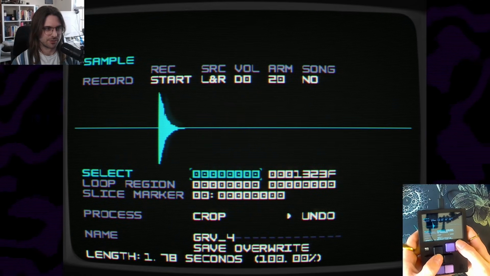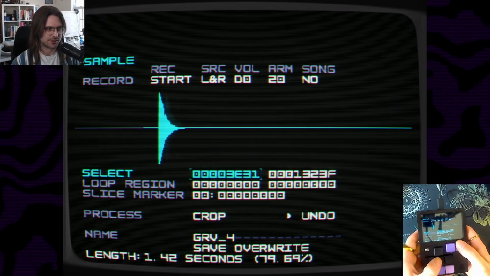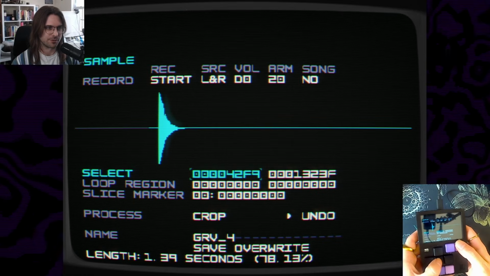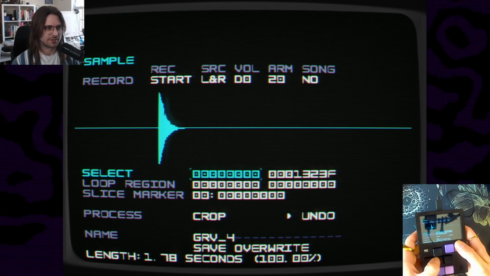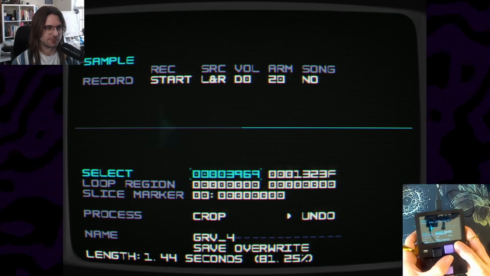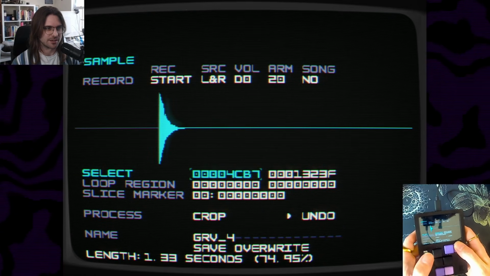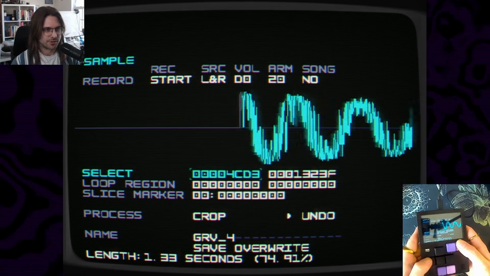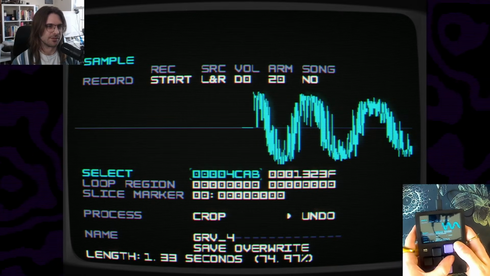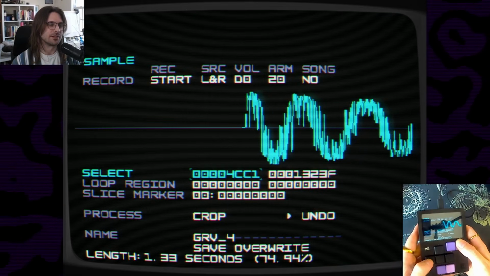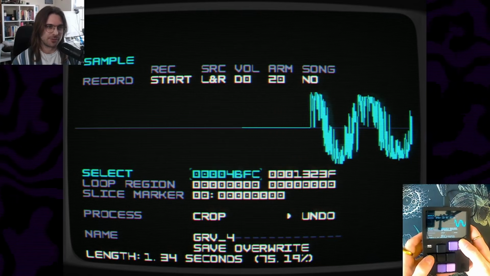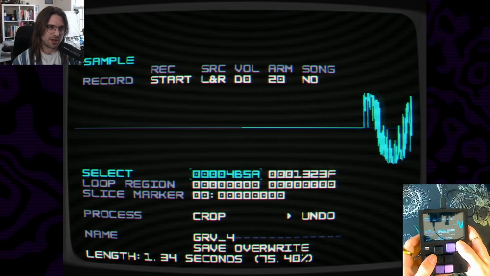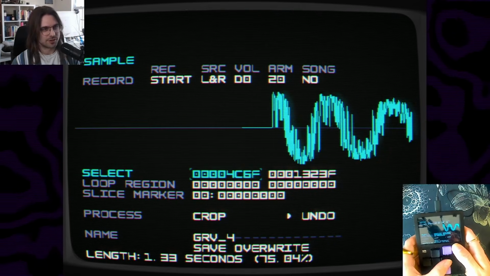So effectively what I'm doing is moving the start point closer or later from the beginning of the sound itself. So closer or further away to the transient. So like this is the transient of the sample. If I want it to be further behind the beat, I move the start point of the sample further back this way. If I want it to be closer to the beat, I move the start point of the sample closer this way.